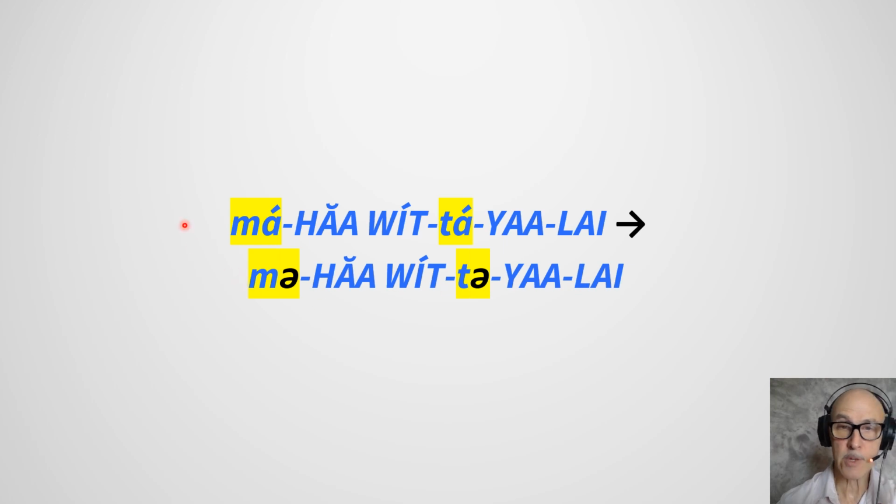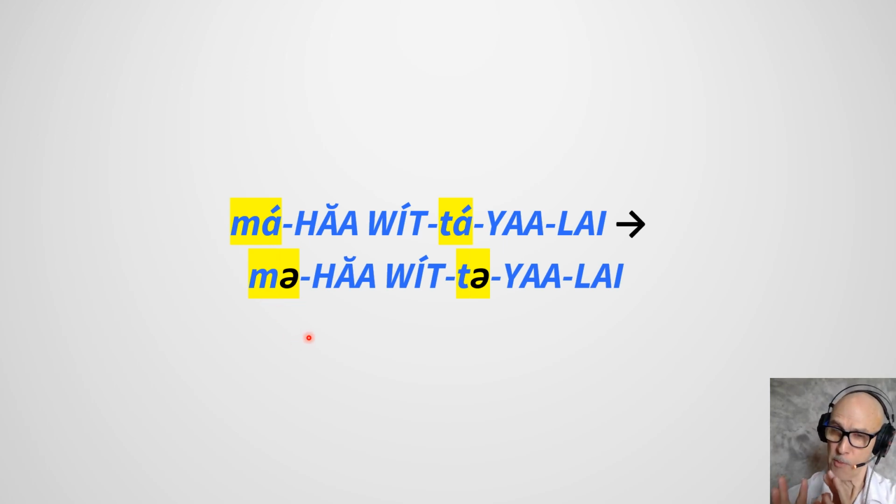So if we take the first one, let me do my best to pronounce these somewhat reasonably. Maha wita yalai. And down here it's going to be shorter. Maha wita yalai. I know the pronunciation isn't perfect, but I think you get the idea.